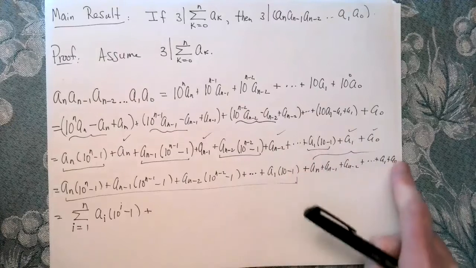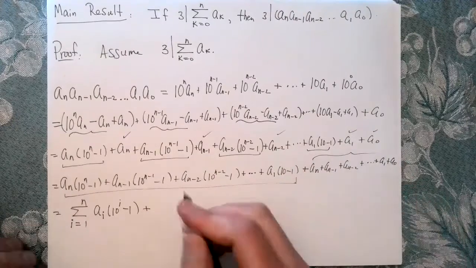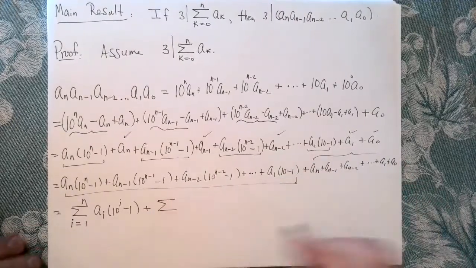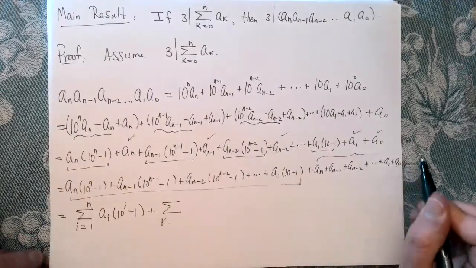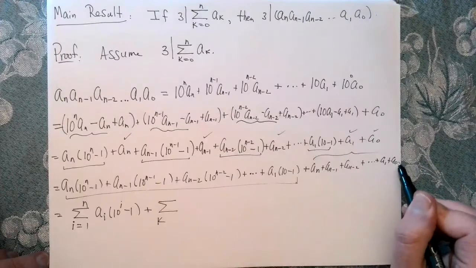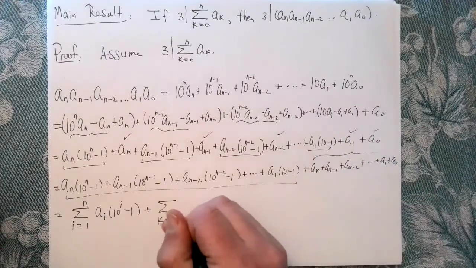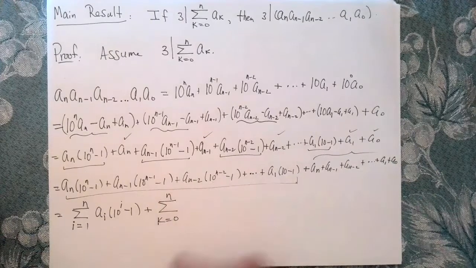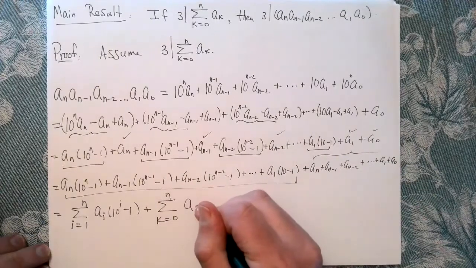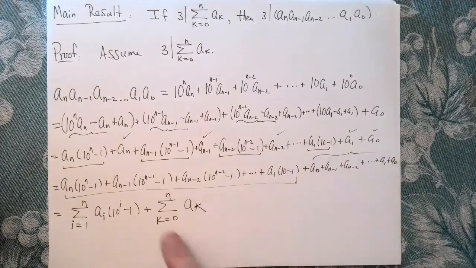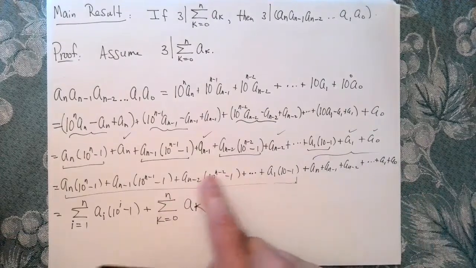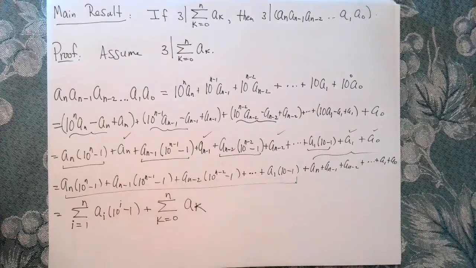Plus, we need to describe these. So let's use maybe k for the index. We'll say this starts at k equals 0 and goes to n. So my index k goes from 0 to n. And this is a sub k. You can take a moment to convince yourself that we've scooped up all of these here, and we've scooped up all of these right here.